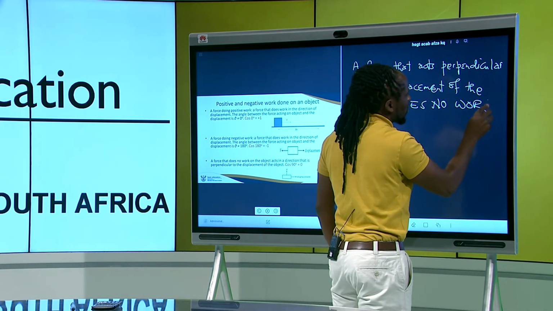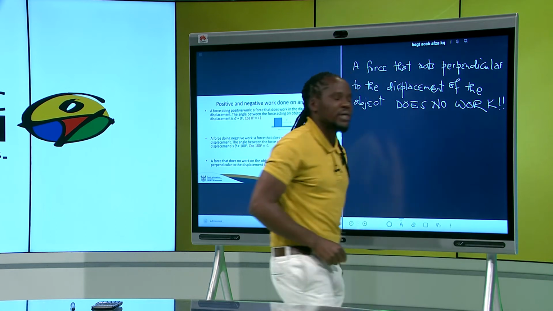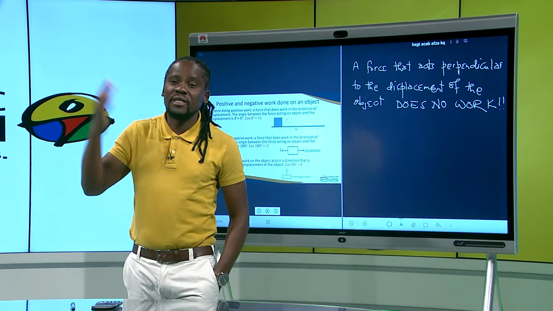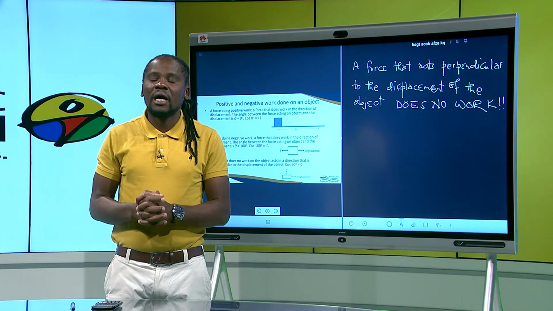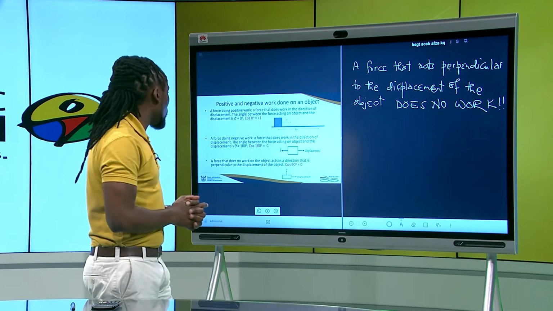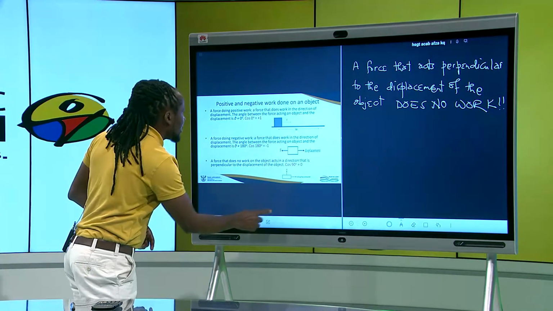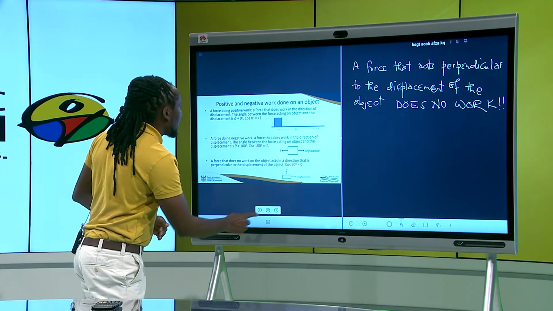This should be quite emphasized at this point. A force which acts at 90 degrees to the displacement or the movement of the object does no work on the object. Right. Let's move to the next slide.